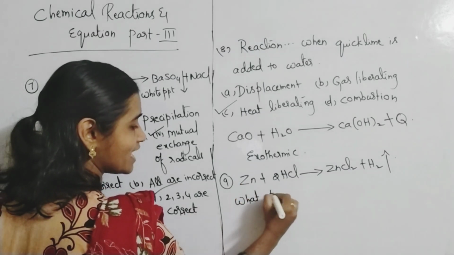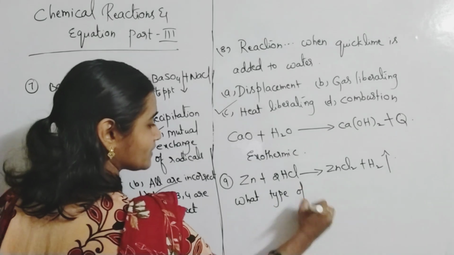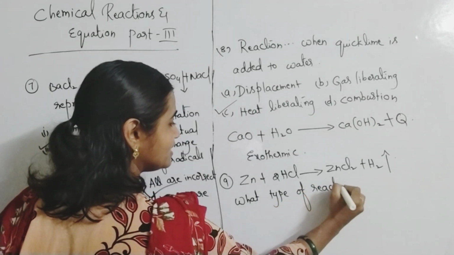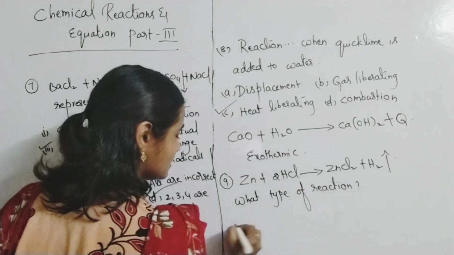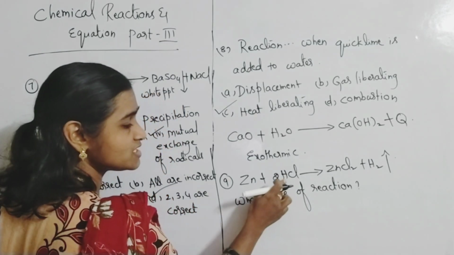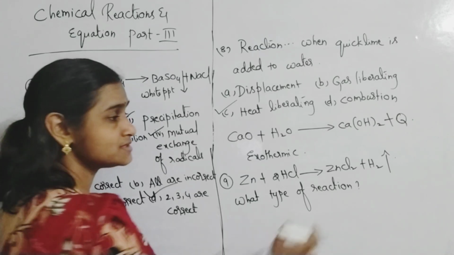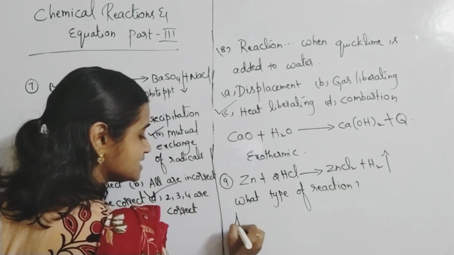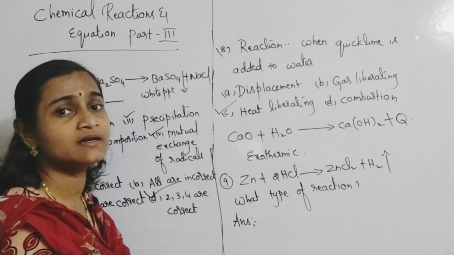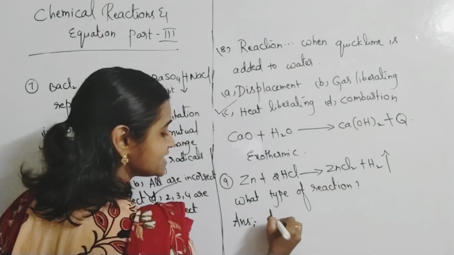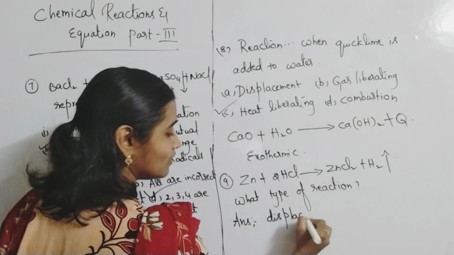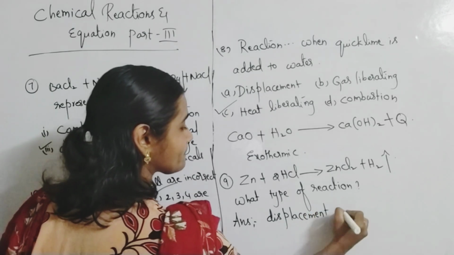Substitution takes place, so it is displacement. Hydrogen is displaced from H and Cl and separated out. The answer is displacement reaction.